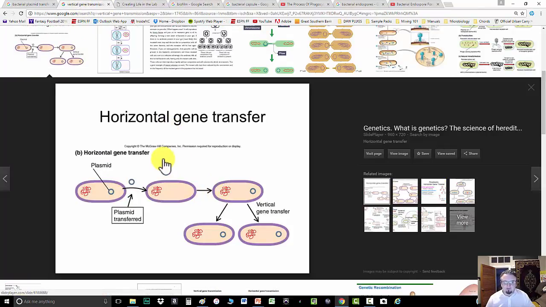Here's a figure showing a similar process in which the plasmid is initially transferred to a cell that was the recipient. And then that recipient goes on to duplicate itself and make more copies through vertical transfer. So we have really both ways of amplification. Normally, without the plasmid, you have just vertical gene transfer and the normal process of cell division, in which one cell can theoretically make millions, if not billions, of copies of itself.